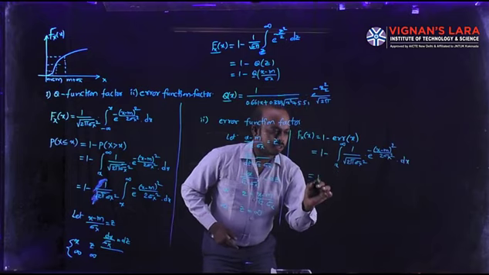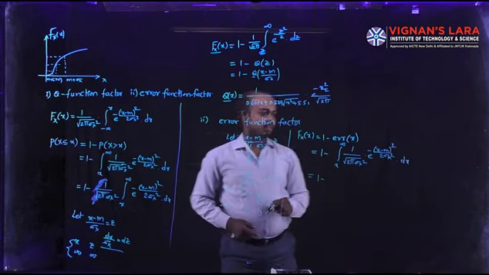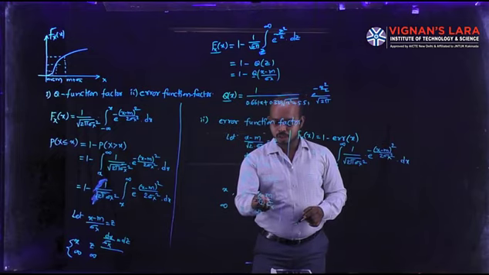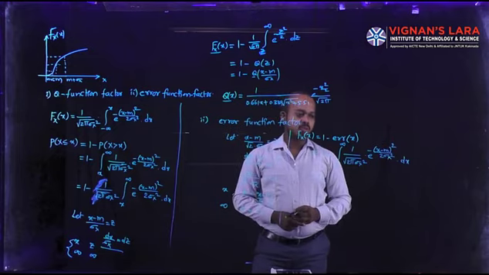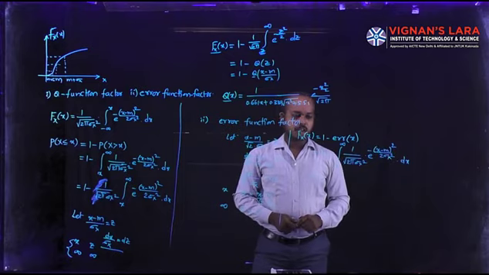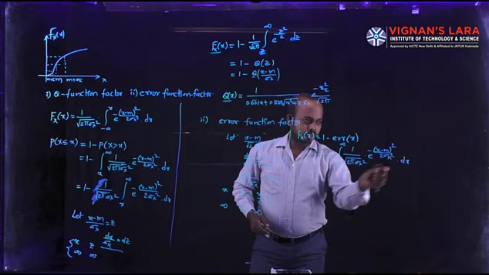Now I am changing this one. So 1 minus, here what is the term we have for z? It is x minus m over root 2 sigma x. The same function we change in the power of the exponential and represent in terms of dx.